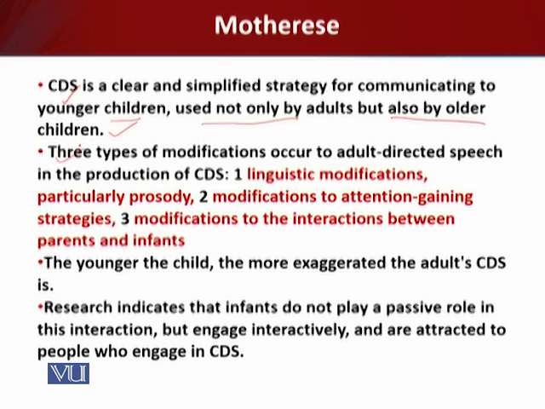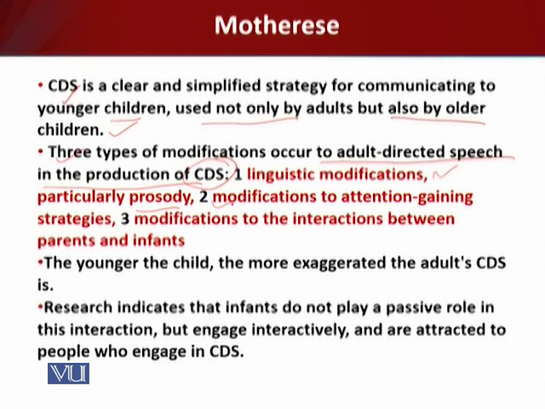Three types of modifications occur to adult-directed speech in the production of child-directed speech. The first is linguistic modifications, particularly prosody, including the simplification of speech units as well as emphasis on various phonemes.